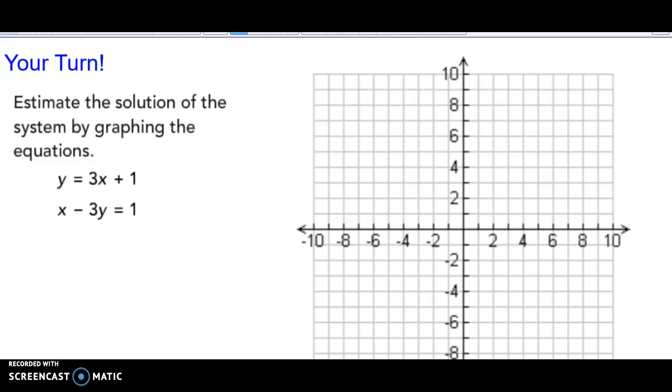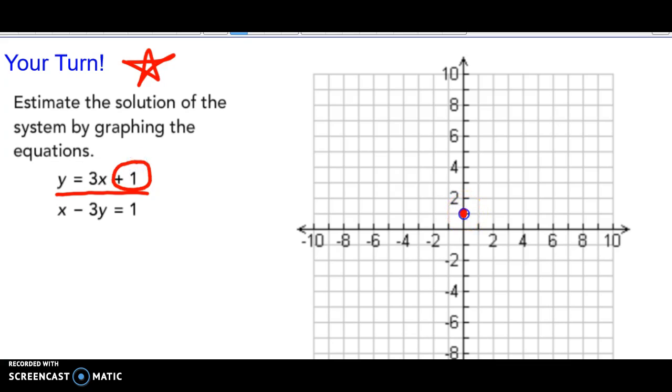All right, let's do this problem on your notebook paper to make sure that you can show Mrs. Morrison. Again, we're going to estimate the solution of the system by graphing the equations. So let's start with our first equation, y equals 3x plus 1. I'm going to start with my y-intercept, which is positive 1.